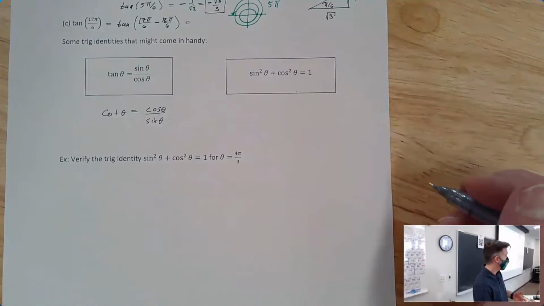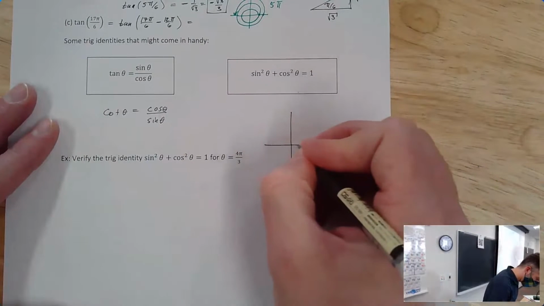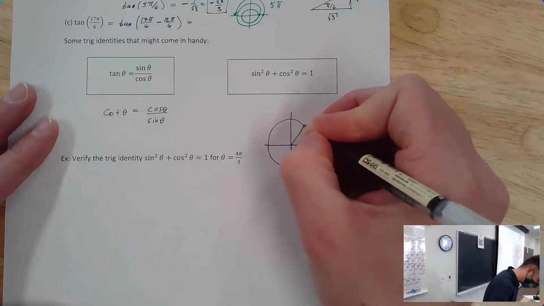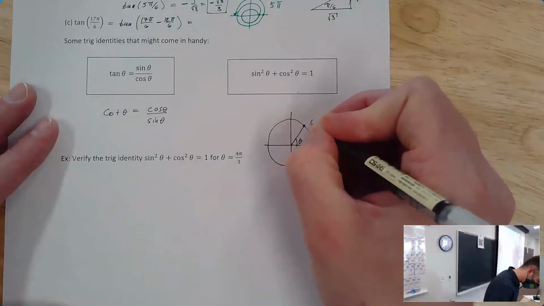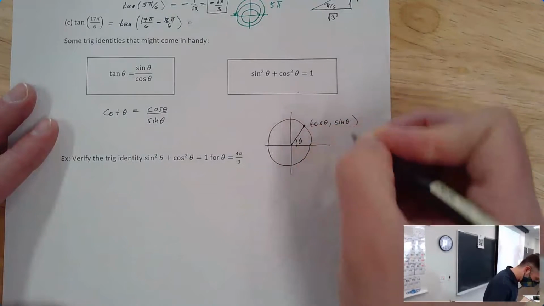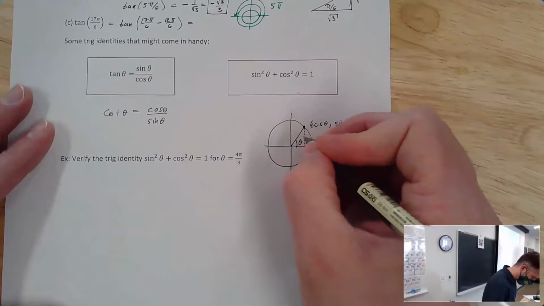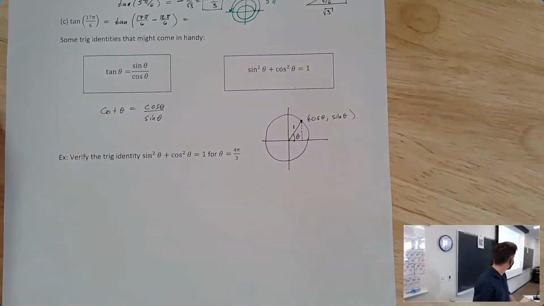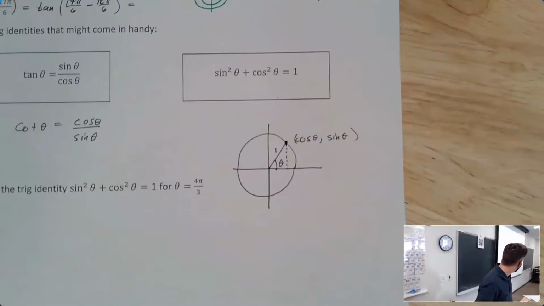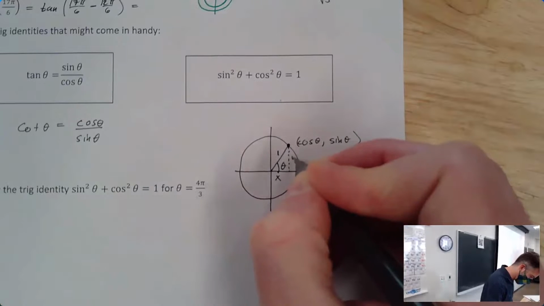And if you want to think about why that would be true, let's go back to the unit circle for a second. This point here, cosine theta, sine theta, is the x and y coordinates of a right triangle with a hypotenuse of 1. That's my cosine theta side, which is x, and my sine theta side, which is y.